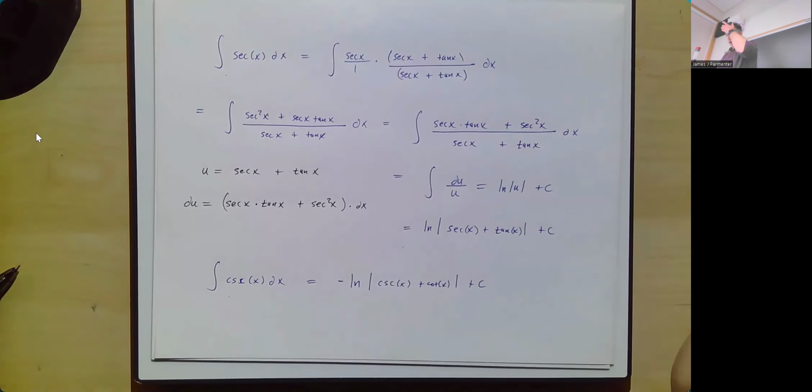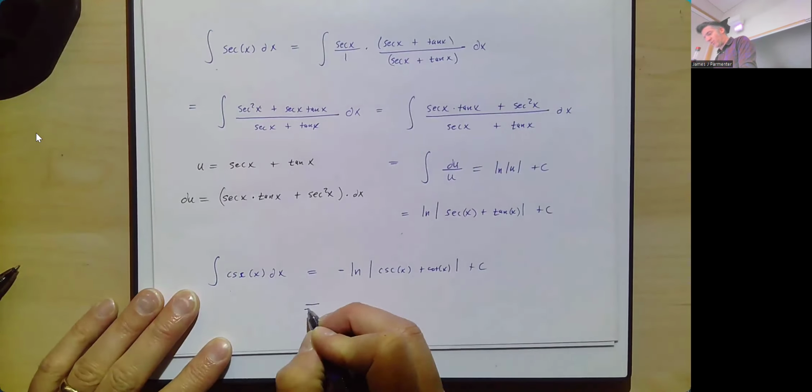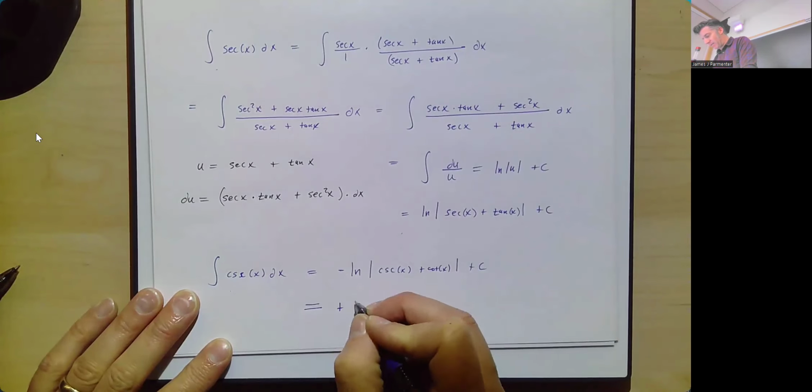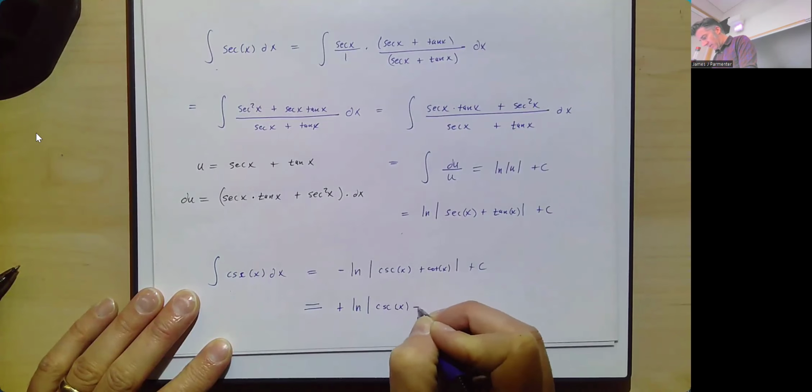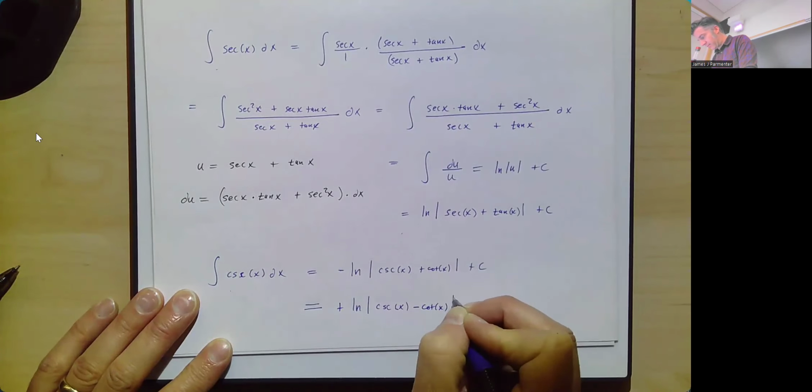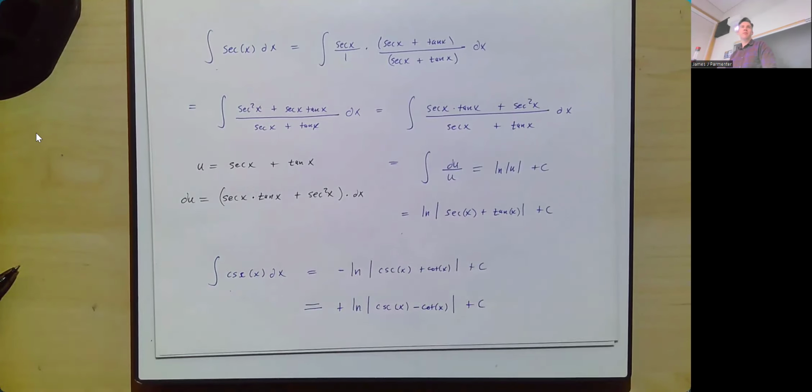I will also mention, because sometimes people do this weirdly, this is actually also equal to the positive natural log of the absolute value of cosecant of x minus cotangent of x. I don't know which way your teacher decided to write it in class. If they wrote it in class, both of these are perfectly acceptable.